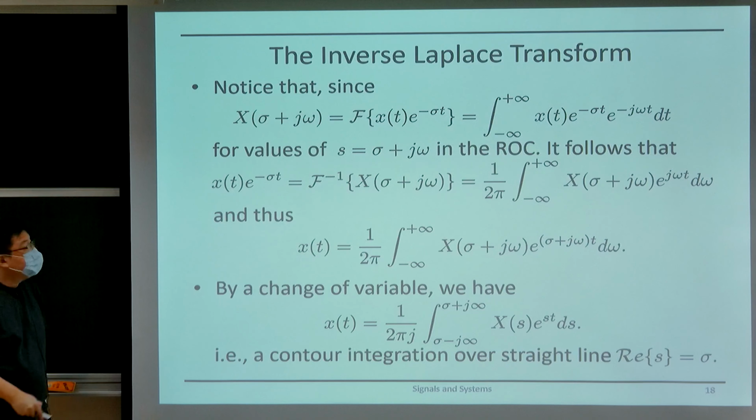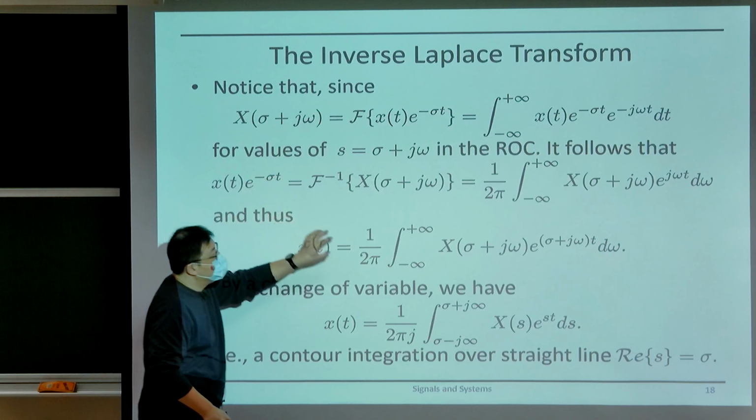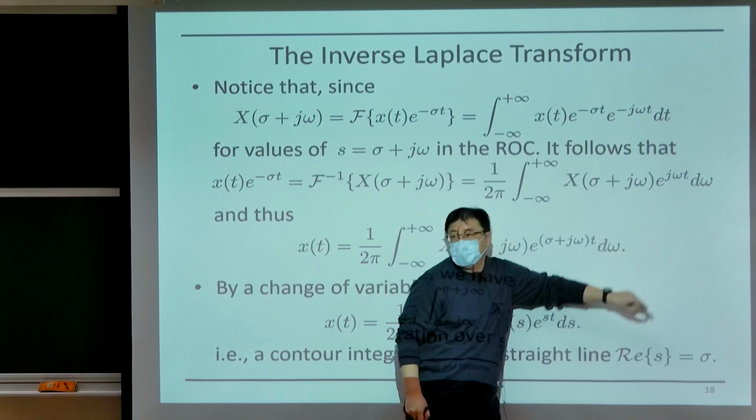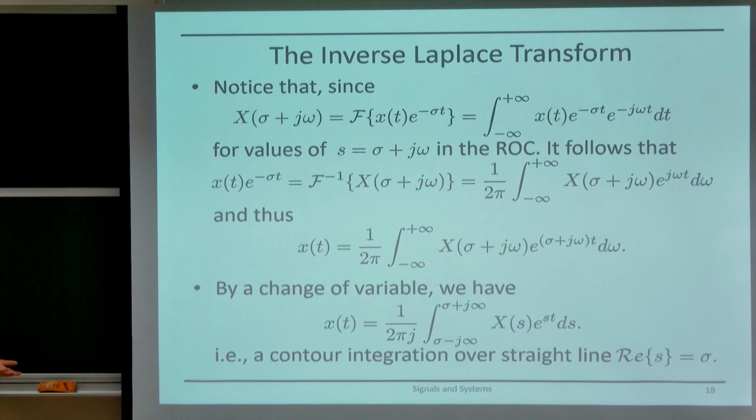The inverse Fourier transform is defined as follows: it's 1 over 2 pi, the integral of this function of omega times e to the j omega t d omega. Then, if you just multiply this to the other side, you get an inverse Laplace transform.